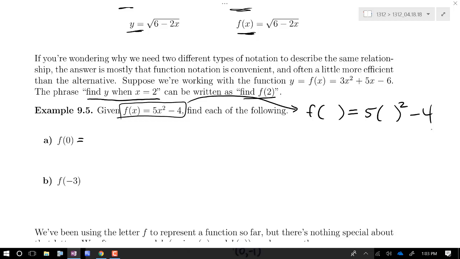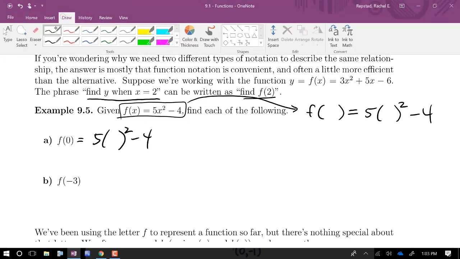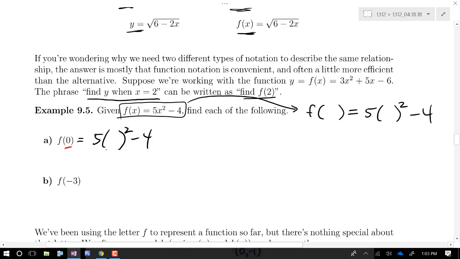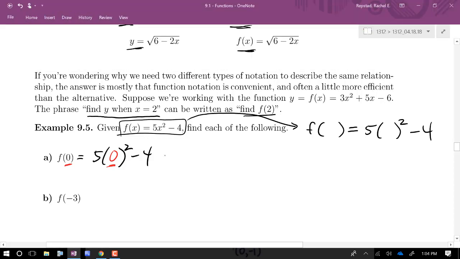So if I'm finding f of 0, if I have a 0 here, then a 0 has to go here. And we just get 0 minus 4 or negative 4. F of 0 is negative 4.